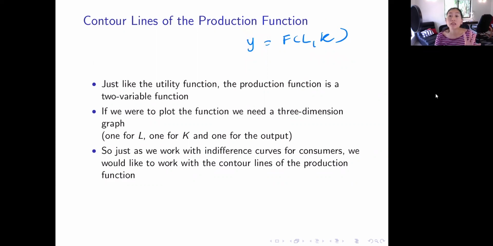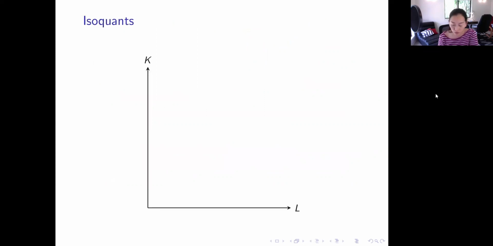Isoquant means the same quantity, just like iso utility or the indifference curve in the consumer's problem. So isoquant we have L, K, so you can see that pretty much is very similar setup to the indifference curve for consumer, but for the consumer there will be X and Y, right? Two consumption goods, X and Y. Here we are dealing with two inputs instead, which is L labor and K capital.